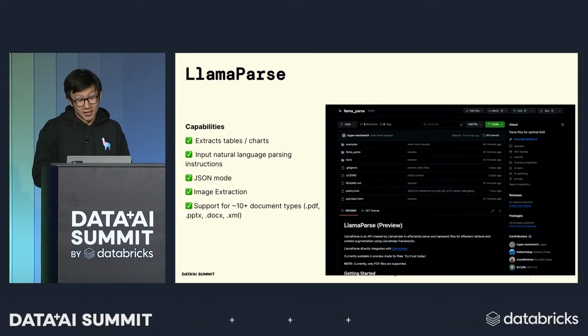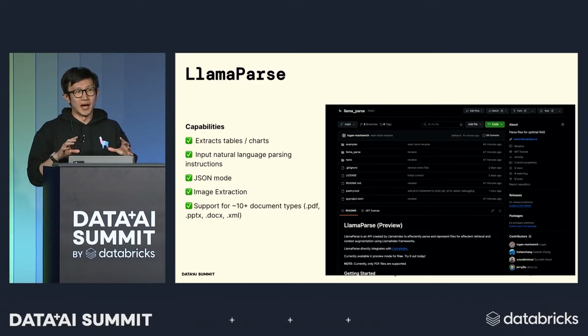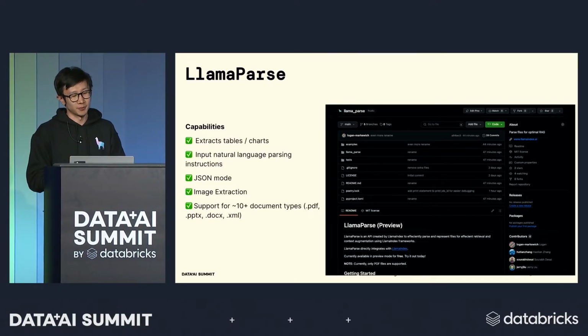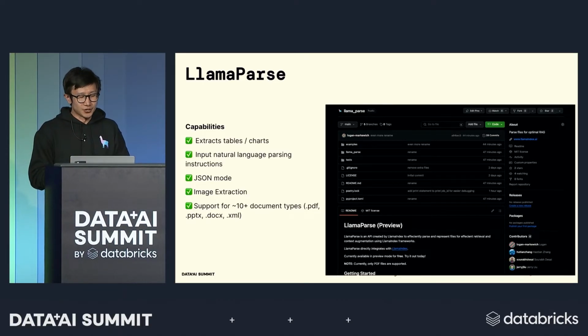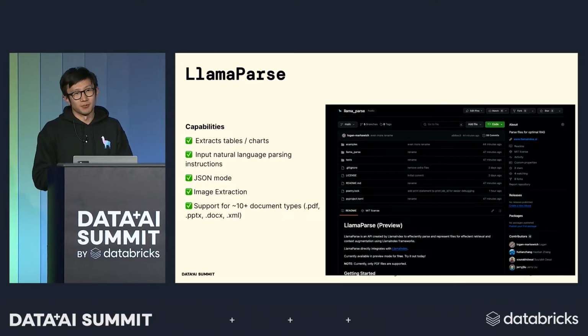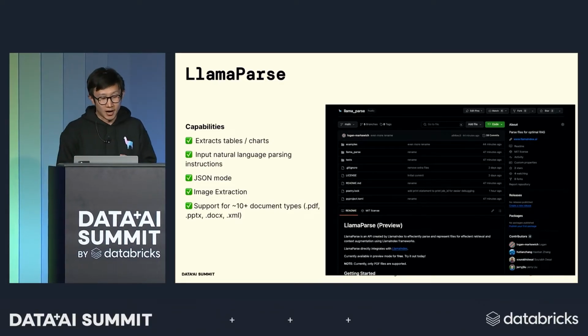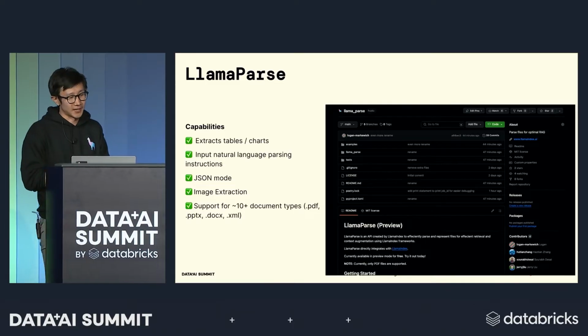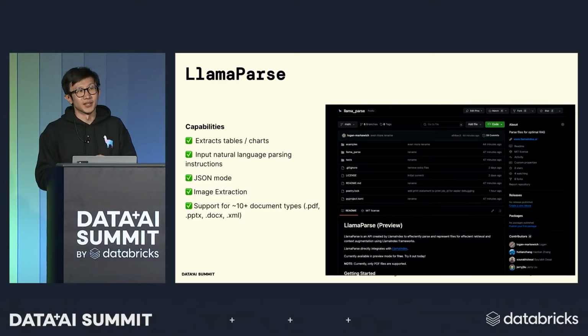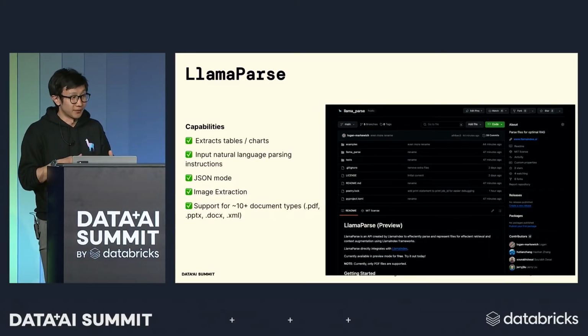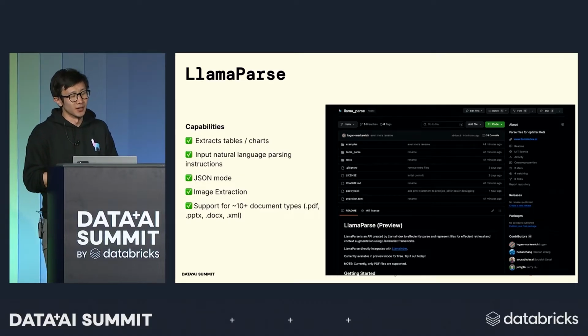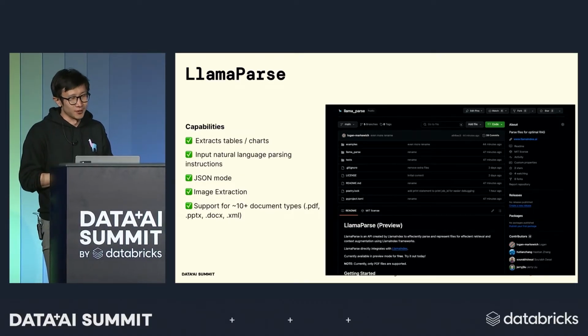Being able to extract out images, both if you have an image within the document, you can extract that out separately, but you can also extract out an entire page as an image from a document. And we also support a bunch of different document types. We support PDFs, PowerPoints, docx files, XML, and recently, actually, Excel files as well. If we have a little bit of extra time at the end of this section, I'll show you some fun Excel examples I came up with.